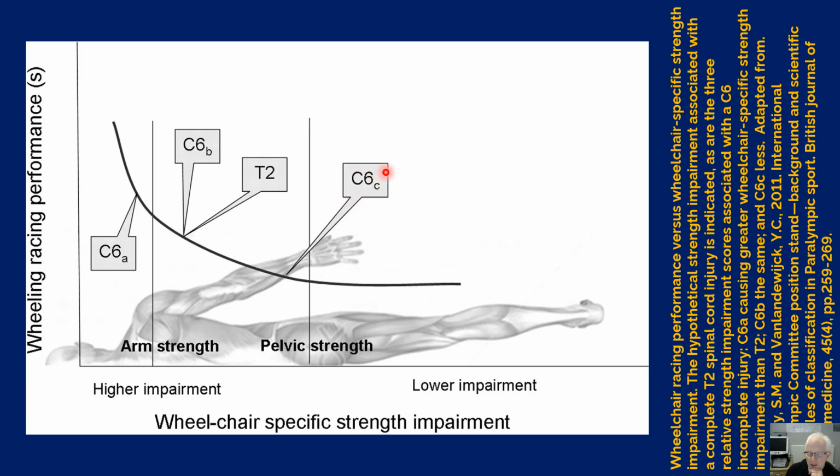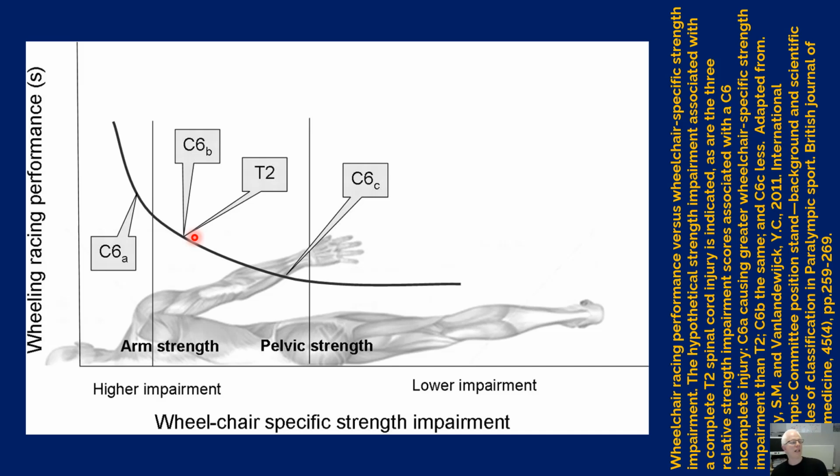But it's interesting if you take somebody down here, which is what they've called a C6 as well. Again, because they have lost arm strength, it's also potentially having this impact on pelvic strength. But there may be greater pelvic strength in this grouping than this grouping. And this is the complexity of what is going on, which is there isn't a one-size-fits-all characterization of this.